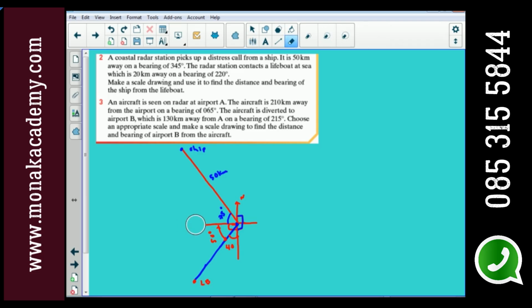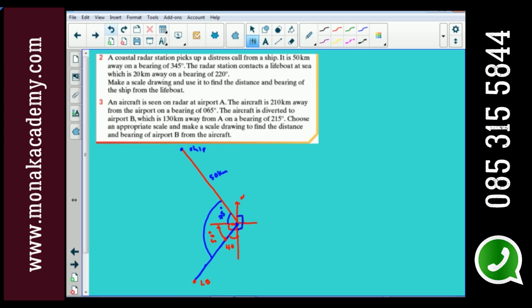All right, so that's what we have. So altogether, what is this angle? This big angle that is opened up? 125. Ravi, we're talking about this one.